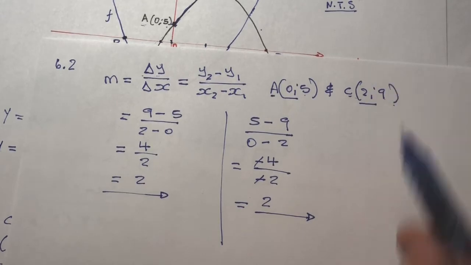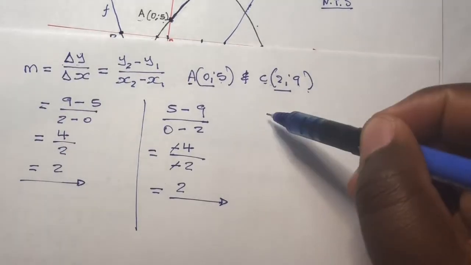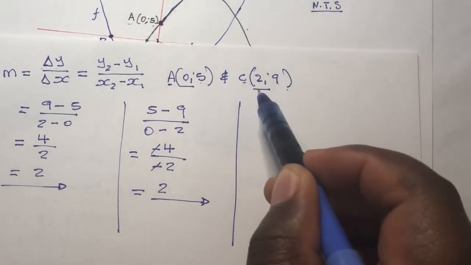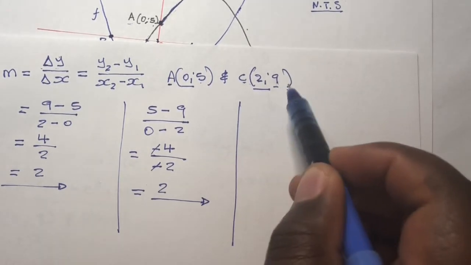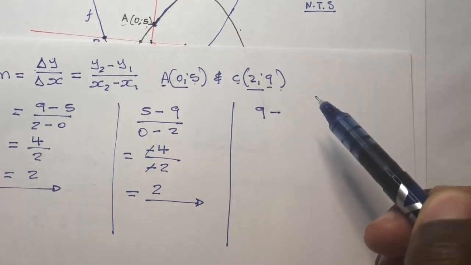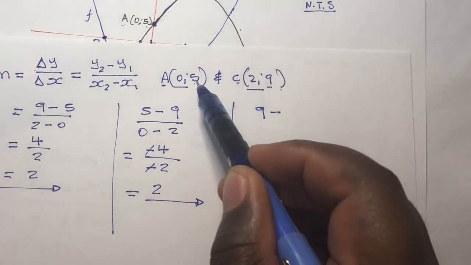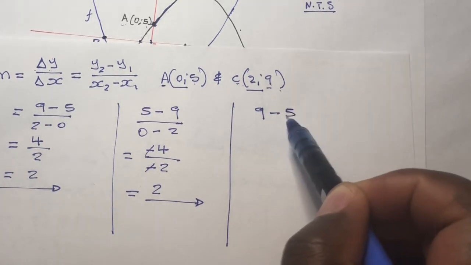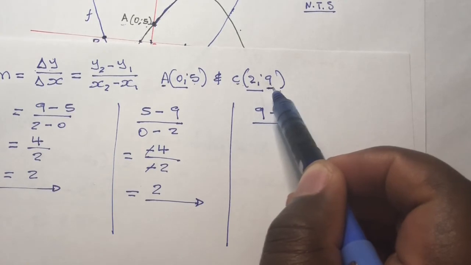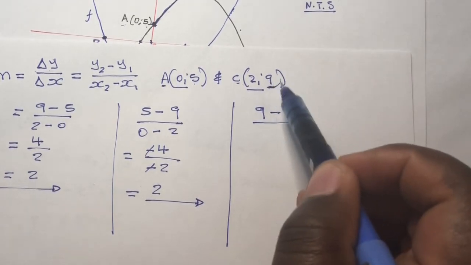Let's say for instance, you must make sure not to do this thing, guys. Let's say maybe you say this 9 is your y2, then you say 9 minus, obviously your y1 will be 5, and for some reason you forget that you assigned 9 to be your y2.